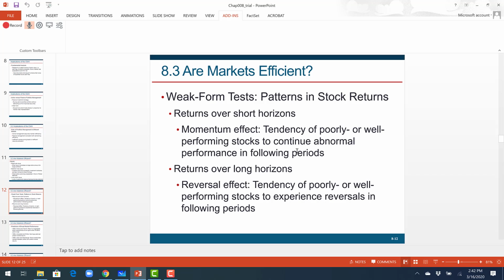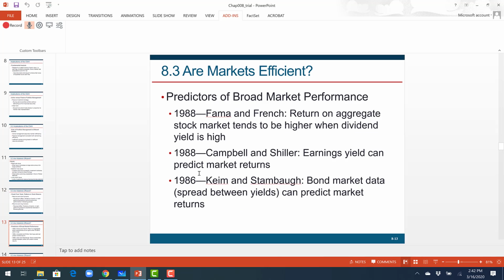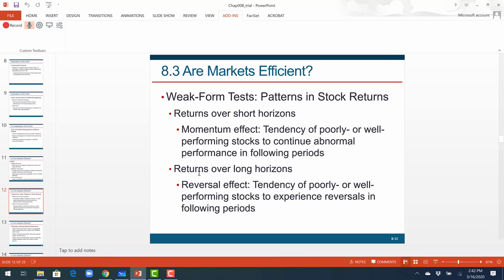If you look at longer horizon performance, like let's say you look at performance over past 3 to 5 years, and then identify winners and losers based on that longer horizon performance, what we see in the data is evidence of reversals, meaning that stocks that have done well over this longer horizon subsequently perform poorly, and stocks that have not done so well actually start performing well on average, right? So this pattern is the reversal effect. It's not as robust as the momentum effect.